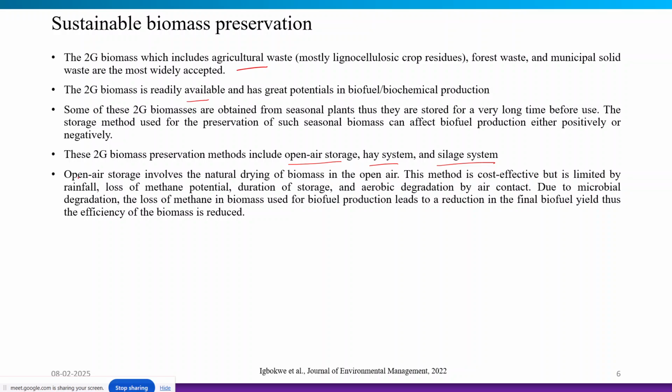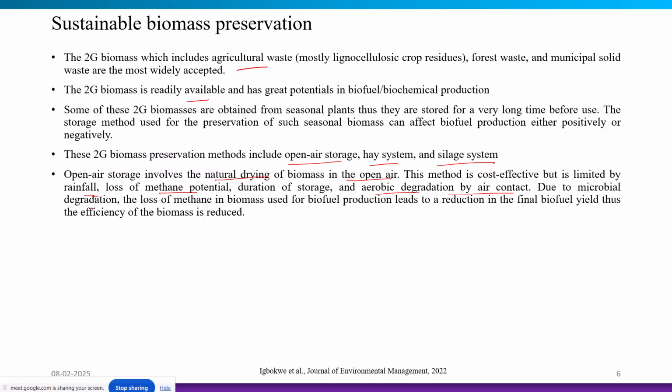When we are talking first about open air storage, that involves the natural drying of the biomass in open air conditions. This method is very cost effective but it is limited by the rainfall. When the rainfall occurs, there will be loss of methane potential, and during the storage it is in wet condition, so there will be aerobic degradation when it comes in contact with air.